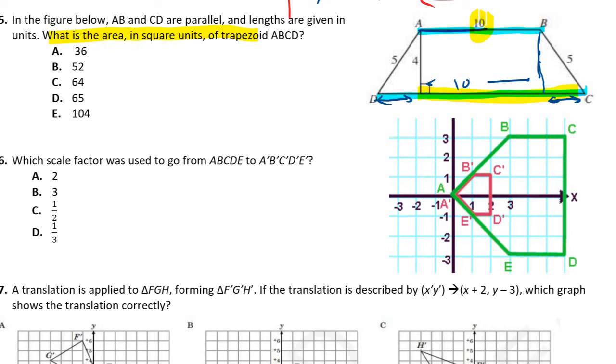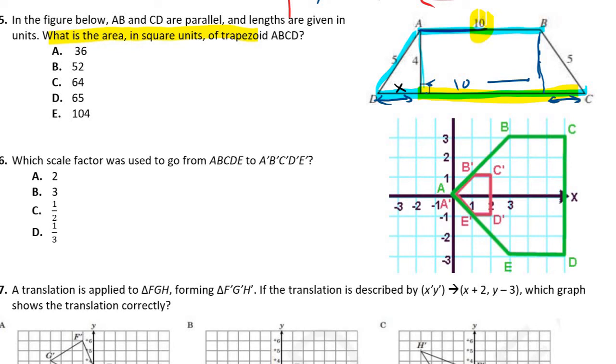But this is interesting though. Look over here, they're giving you this triangle over here. See, you can use the Pythagorean theorem to find this x.